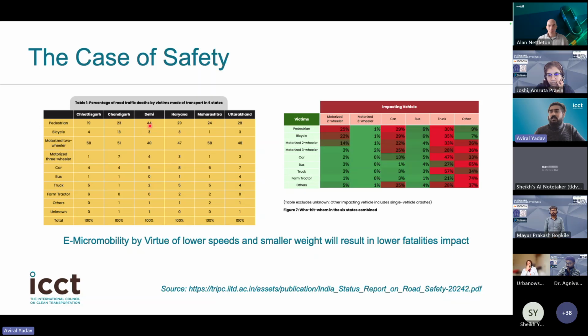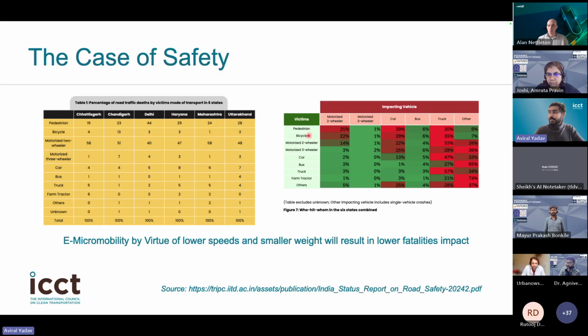We can see pedestrians across all the states is relatively high, and motorized two-wheelers is again high. Also, if we look at who-hit-whom metrics, where the victim is a pedestrian, in about 25% of the cases he is being hit by a motorized two-wheeler.